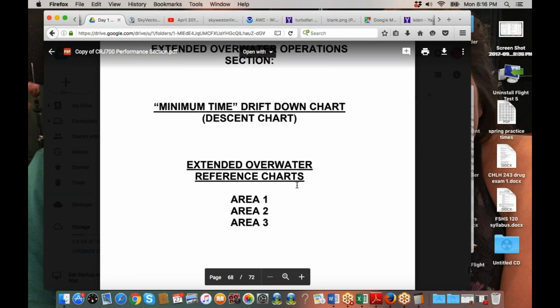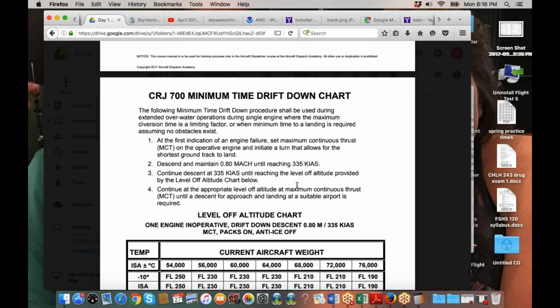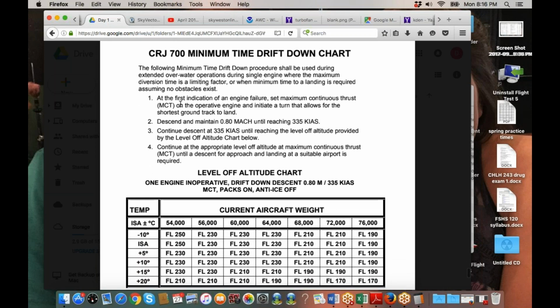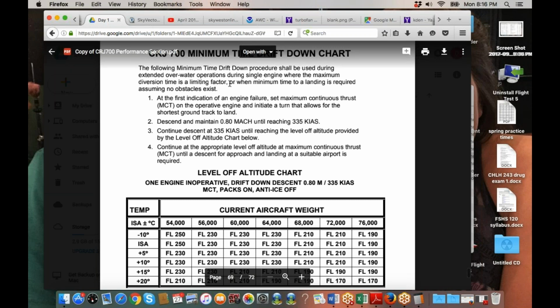So our drift down. The following minimum time drift down procedure shall be used during extended overwater operations during single engine, where the maximum diversion time is the limiting factor, or when minimum time to a landing is required, assuming no obstacles exist.